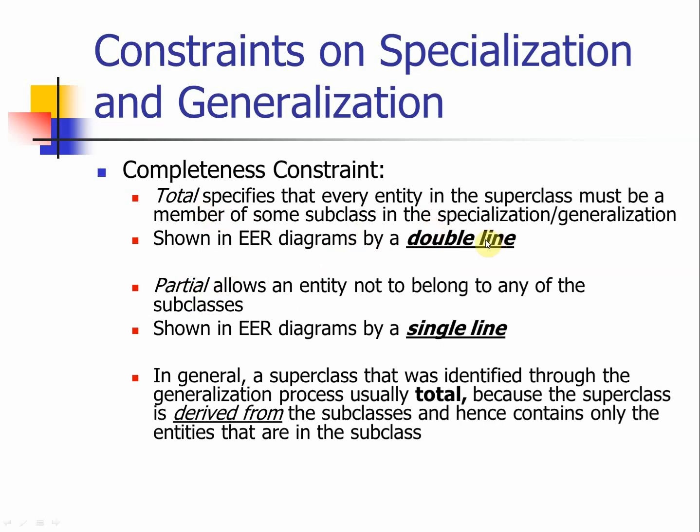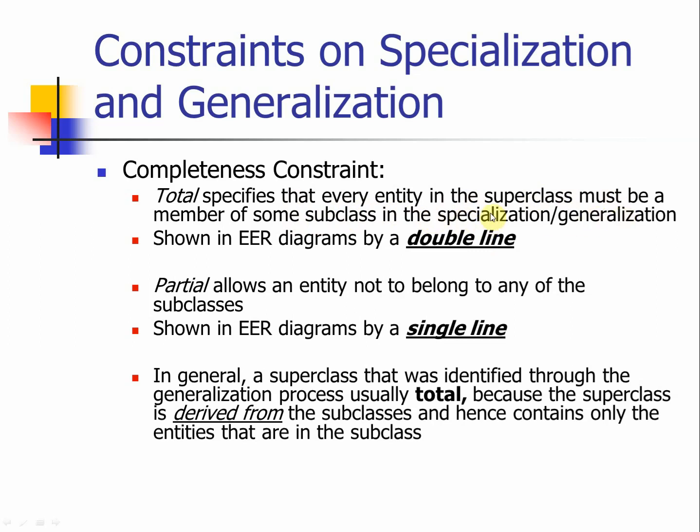So if we put a total constraint, which we show with a double line in the EER diagram, that specifies that every entity in the superclass must be a member of some subclass based on this specialization or generalization.